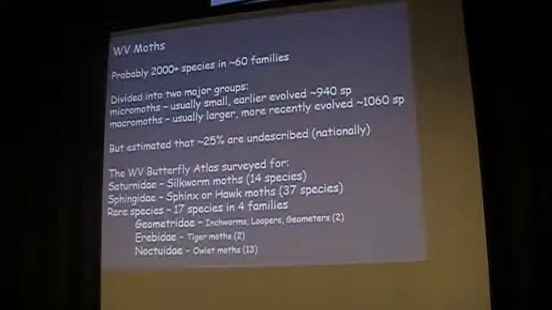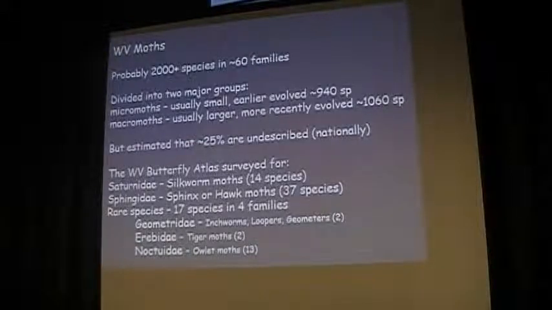Okay. So in West Virginia, we don't know exactly how many moths we have. We're guessing, based on what other states have guessed about their moth communities, that we probably have about 2,000 species. We know of about 400 or so, give or take, species in West Virginia.